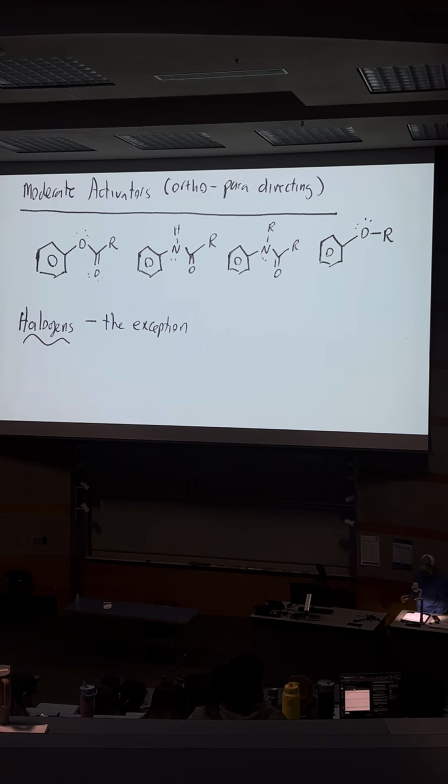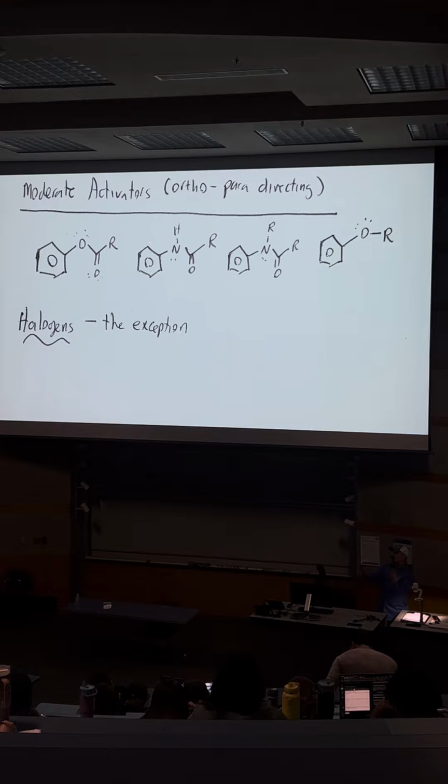The halogens are the exception because they do withdraw electron density inductively because they're electronegative. But the halogens have 3 lone pairs of non-bonding electrons. And so those can donate into the ring.